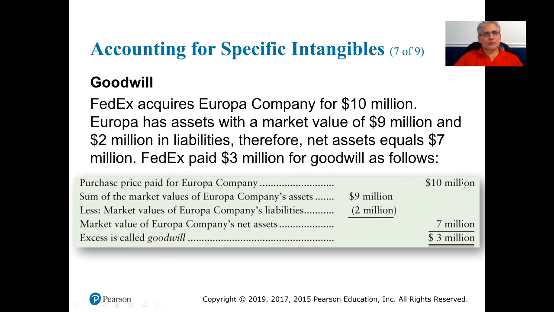That's how we figured it out. $10 million was the total amount paid. $9 million was the fair market value of the assets, but we're going to reduce that by the $2 million in liabilities that were acquired. So that means the net assets value is $7 million. 10 million minus the 7 gives us the 3 million.